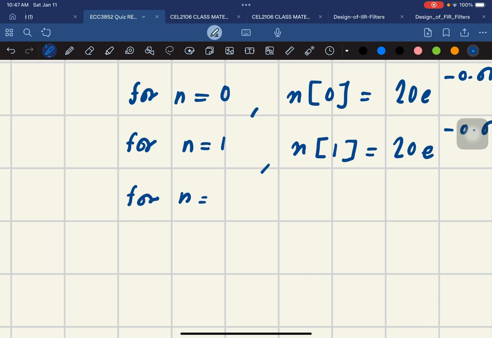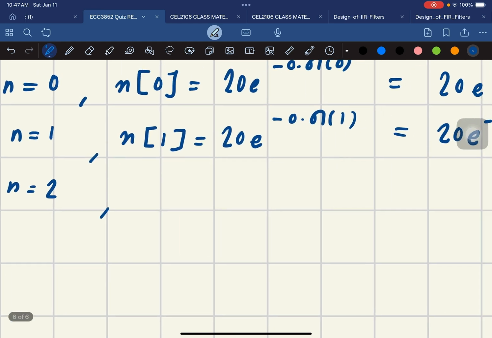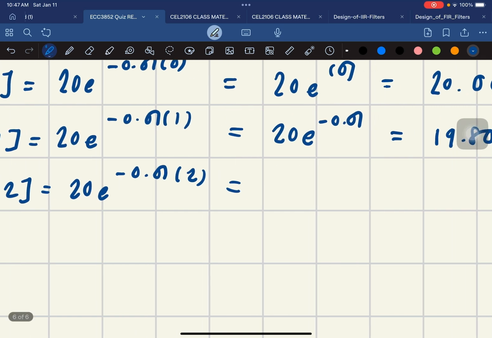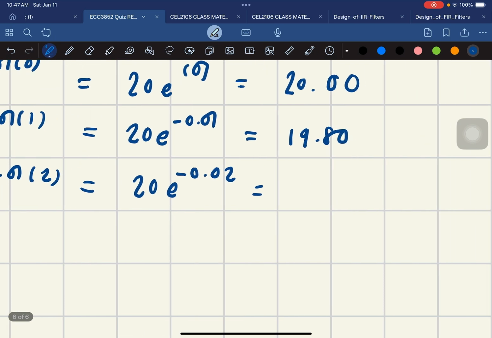For n equal to 2, we just need to substitute 0, 1, 2, 3. So s[2] is 20 e^(negative 0.02), so it will be 19.61.